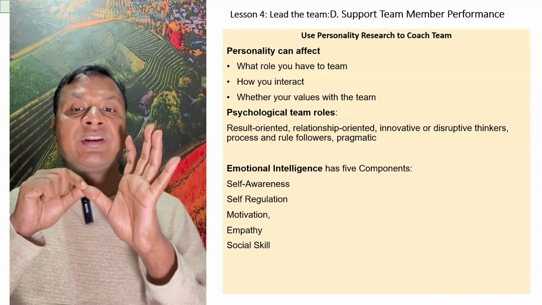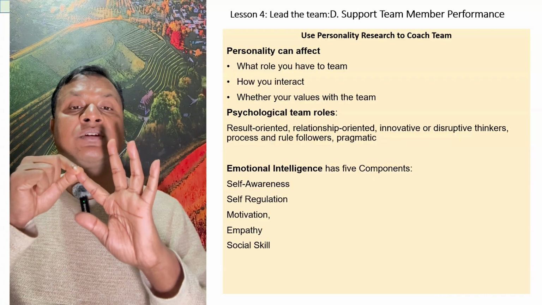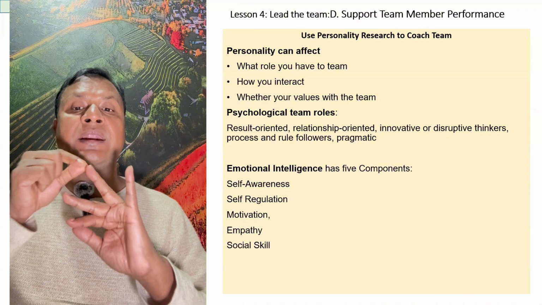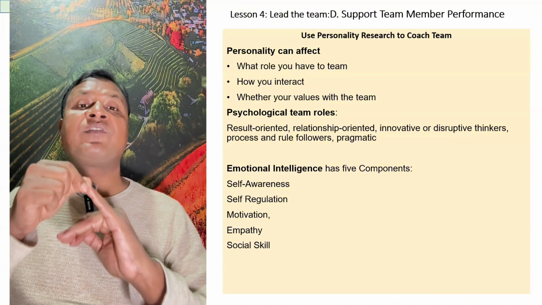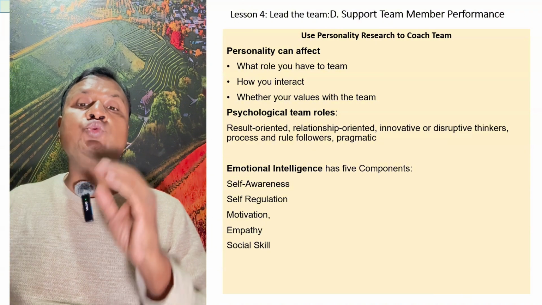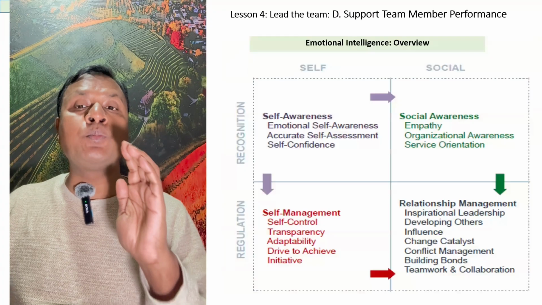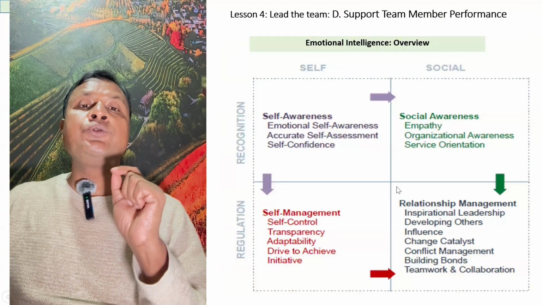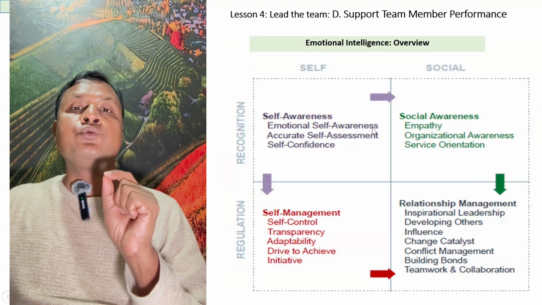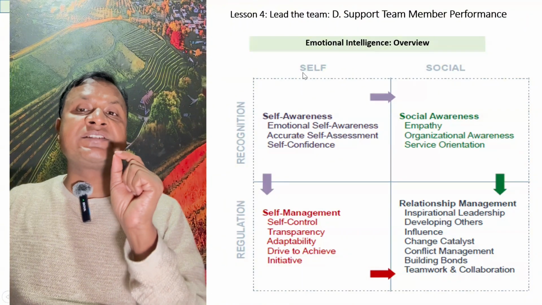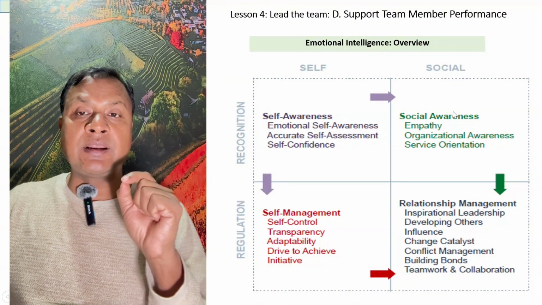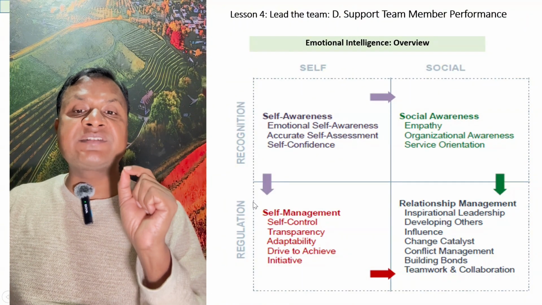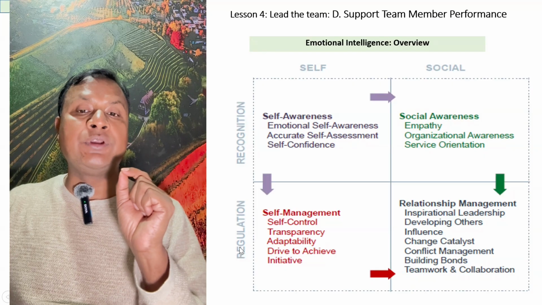One is self-awareness, number 2 is self-regulation, number 3 is motivation, number 4 is empathy, and number 5 is social skill. So we can use these 5 components. You can see the slide here. We have 4 parts: self, and social, and on the left side you see recognition and regulation.